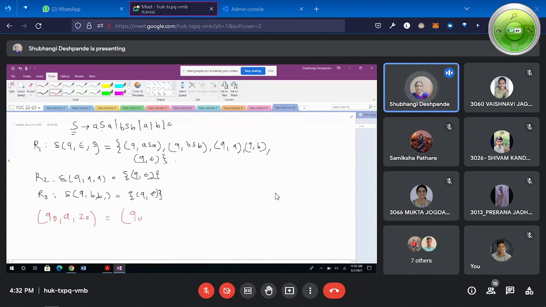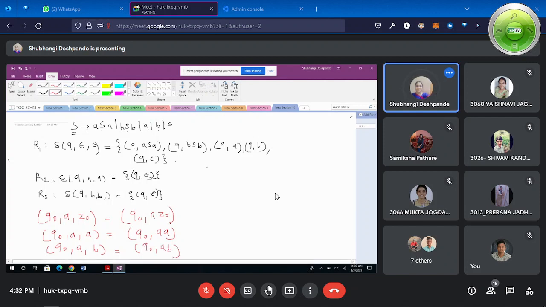So where I am pushing A onto the stack. Then if I have more number of A's, I am going to push more number of A's onto the stack. This is the second rule. Then if A is followed by B, so what I am trying to have is Q0 AB.